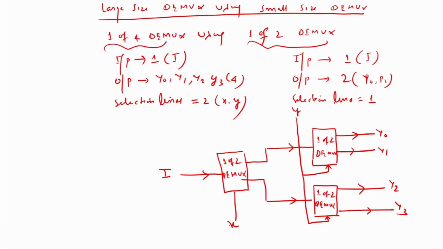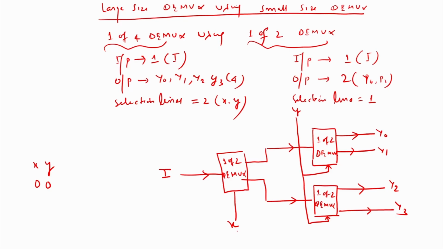When x and y are both 0, what will be the output? When x is 0, input is selected through this particular line, and here y is also 0, this means the input is selected to y0.